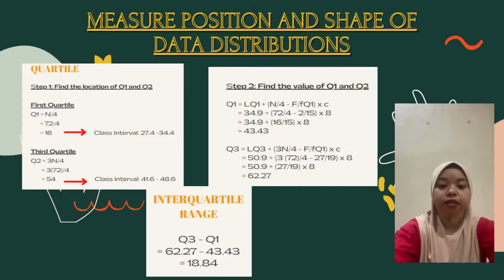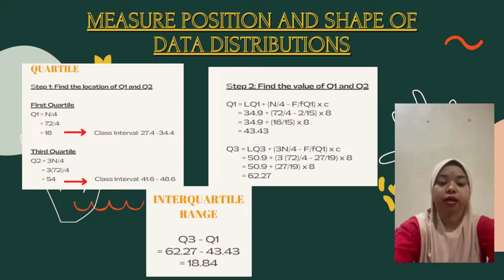Q3 equals LQ3 plus 3n divided by 4 minus F divided by fQ3 multiplied by C. 15.9 plus 3 times 72 divided by 4 minus 27 divided by 19 multiplied by 8. 15.9 plus 27 divided by 19 multiplied by 8 equals 62.27.